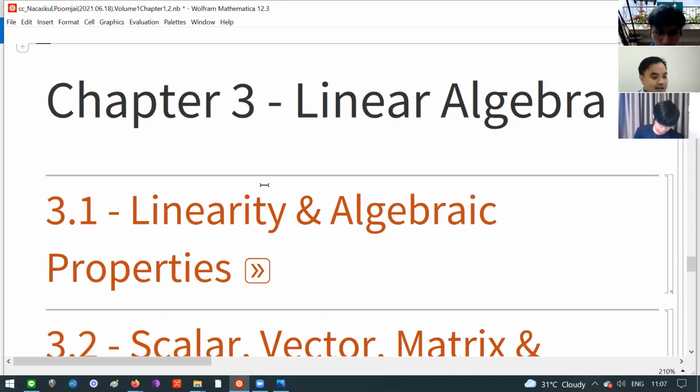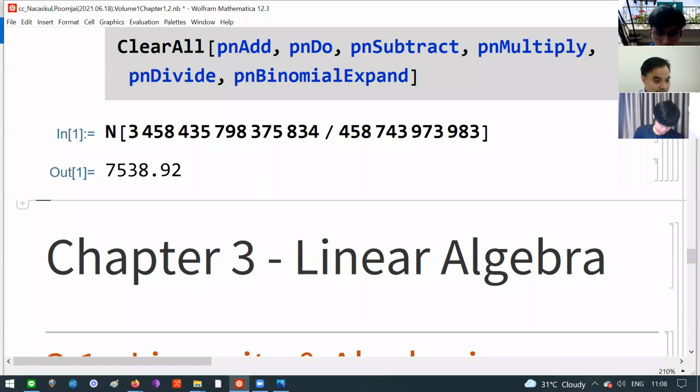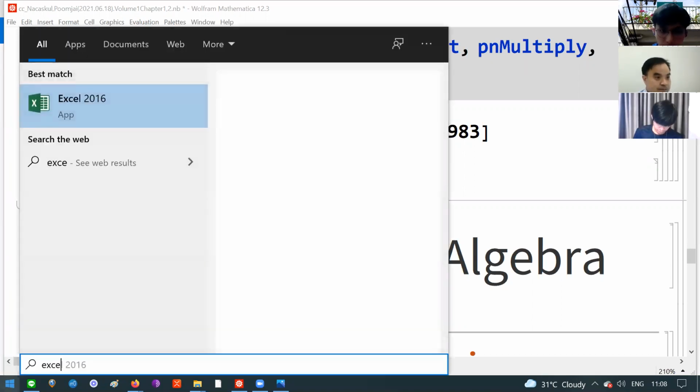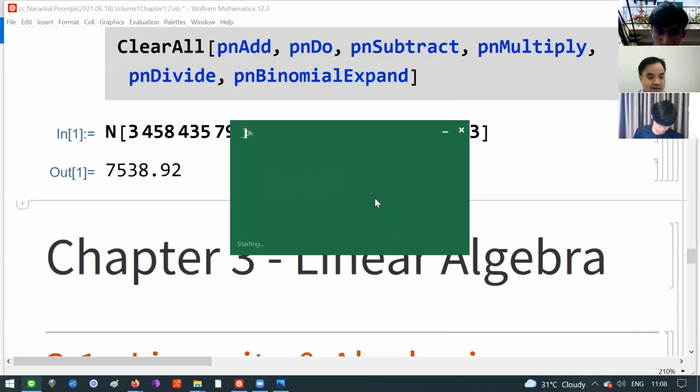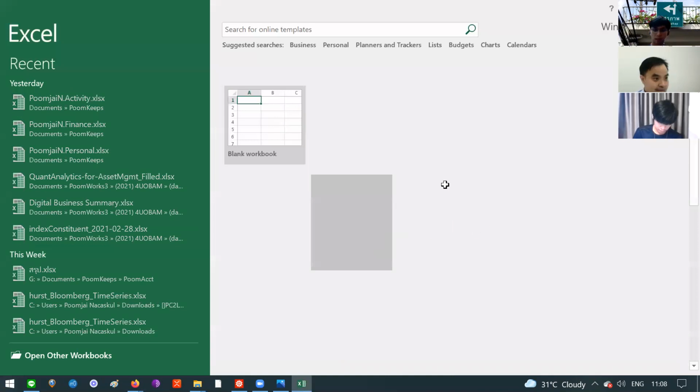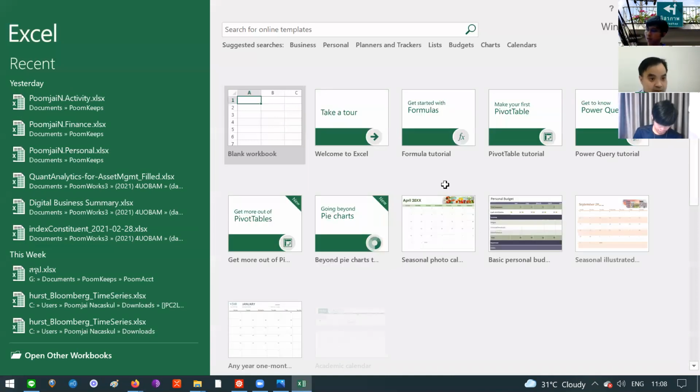Now let me quickly do something to show you that you have seen this before. You have seen this before in tabular data, right?